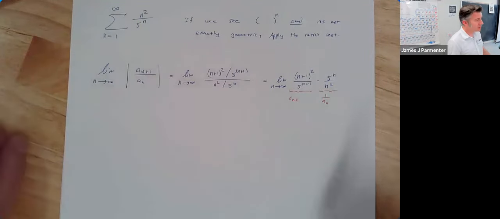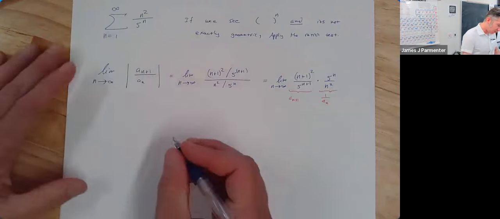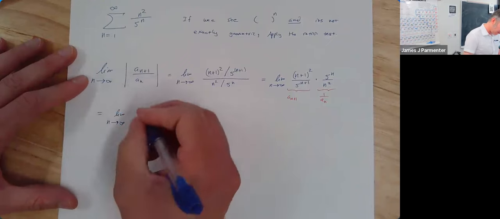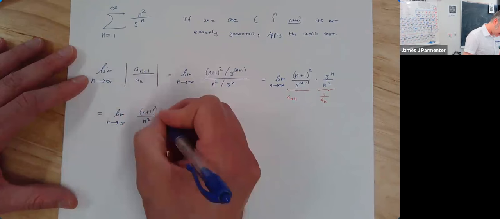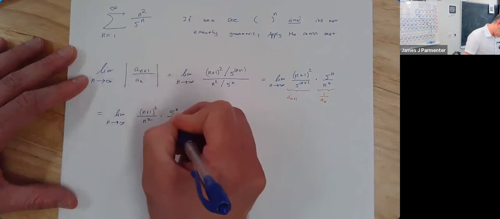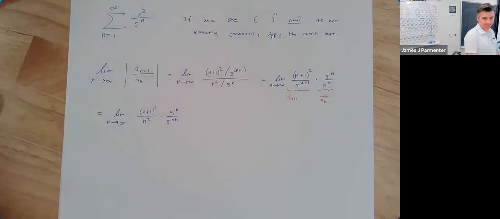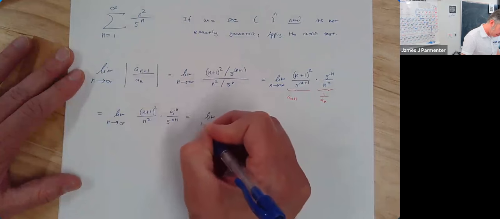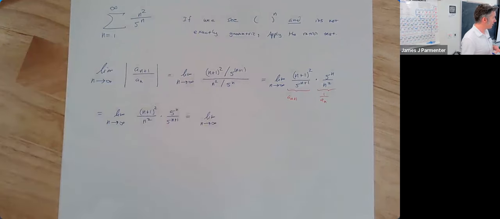And then the next step is usually to group the like things together. So I'm going to rewrite this as the limit as n goes to infinity of (n plus 1) squared over n squared, times 5 to the n over 5 to the n plus 1. Okay, simplify a tiny bit. N plus 1 squared over n squared, those are both raised to the same power.